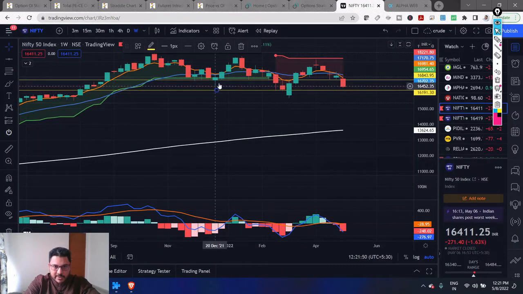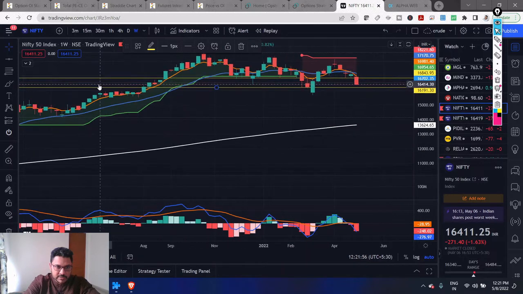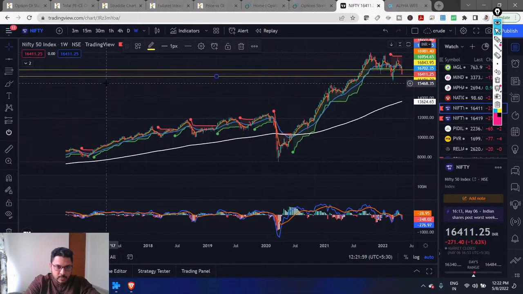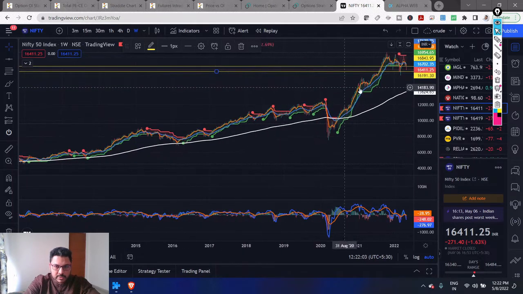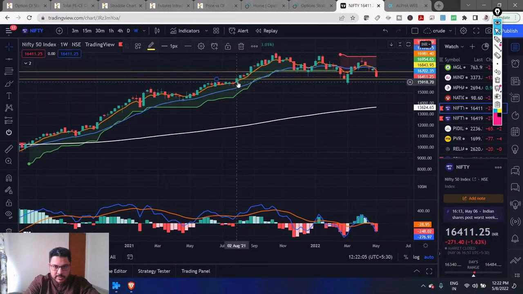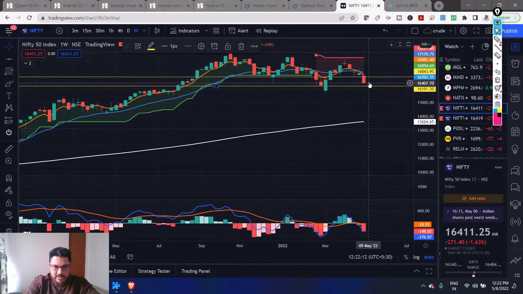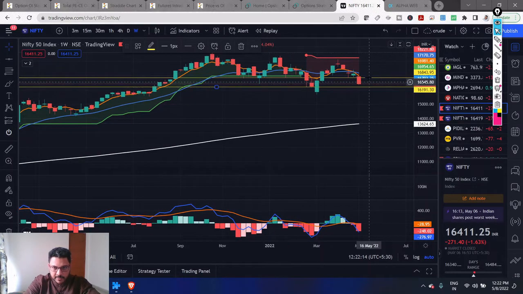If you go back left, this zone was tested here as well, and it created 50% candles here too. This is the best possible position for Nifty, and I'm sure it is going to find some kind of support here. If a weak candle closes above the previous week's candle, then we can expect a complete reversal. So let's watch for that.